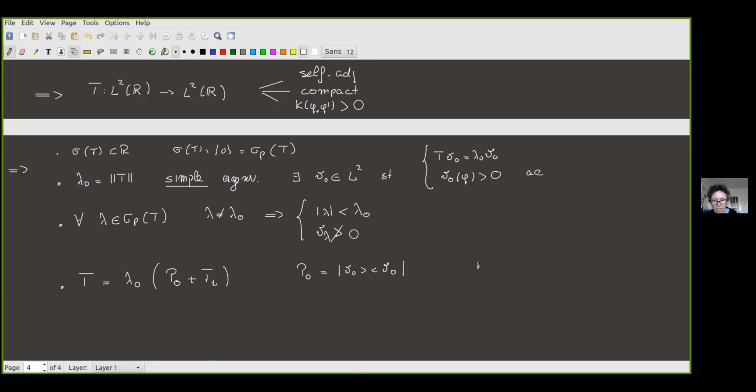So P0 commutes with T1, T1 P0 is 0, and T1 can be written as a sum of projections on the eigenvectors corresponding to all other eigenvalues, but they are smaller. So the norm of T1 is strictly smaller than 1. So we have a spectral gap.